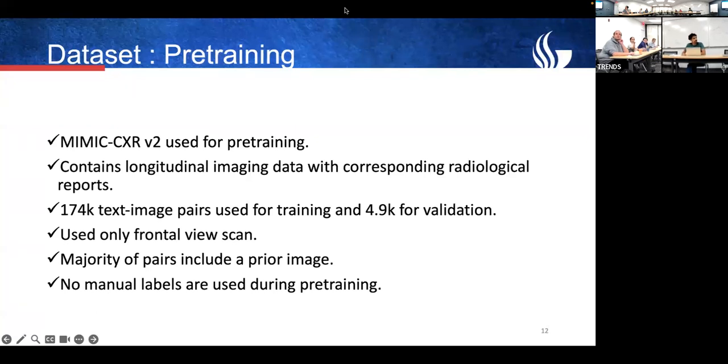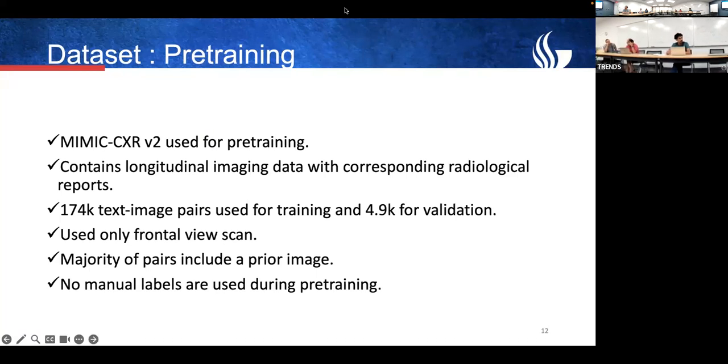For pre-training, they have used this data set, MIMIC-CXR-V2. It contains longitudinal imaging data with corresponding reports. They have used 174,000 text-image pairs for training purposes and 4.9K for validation purposes.